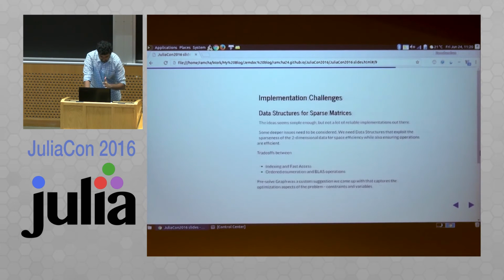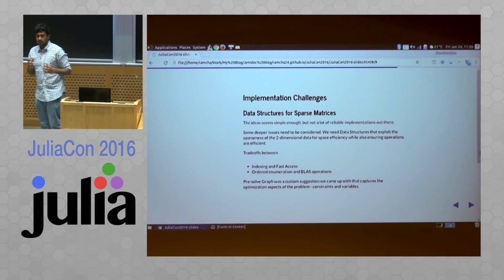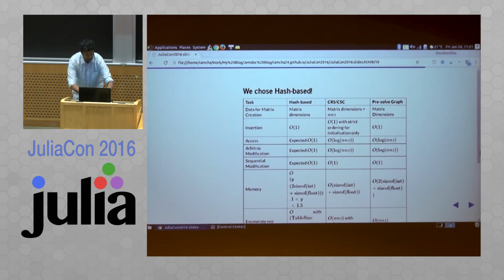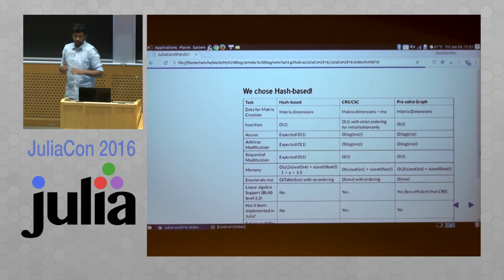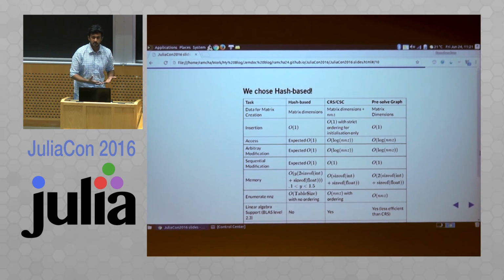The ideas seem simple from what I've told you, but the underlying issue is handling the data. We need good data structures for sparse matrices, and that is a stumbling block. We had a comparison-based study where we compared the normal compressed column storage, a dictionary way of storing the sparse matrix, and our own custom suggestion, a presolve graph, which is sort of like an adjacency list but a spin-off.